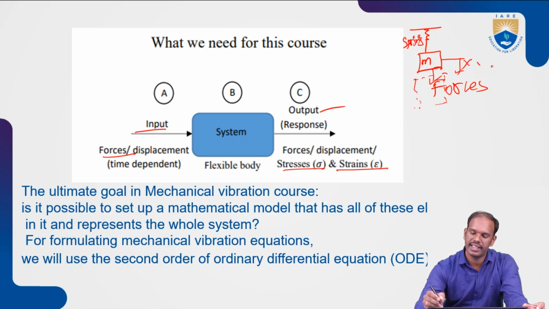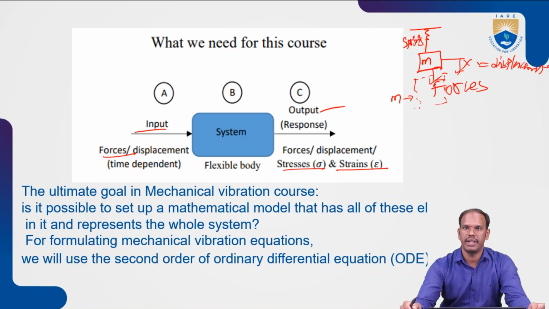There is a distance x that has been moved, so it is called mass. Okay, again there is a displacement, we can call it displacement, right?